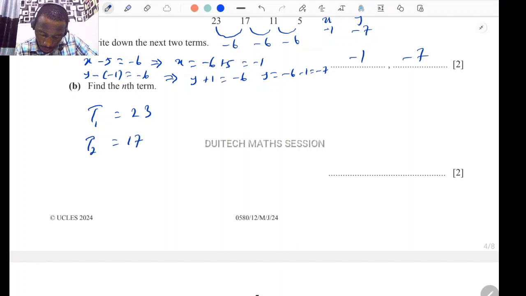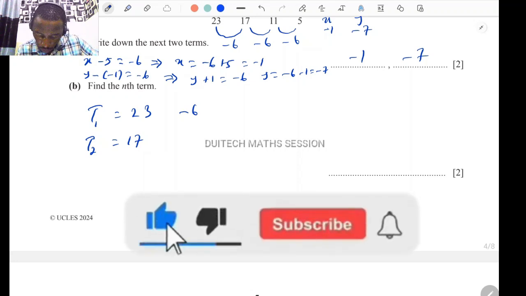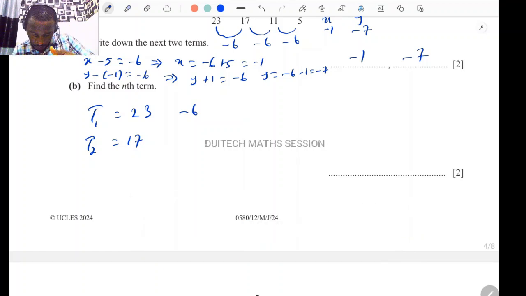If I deliberately remove minus 6 from 23, what will I have left now? Because definitely I have minus 6 as a difference, right?